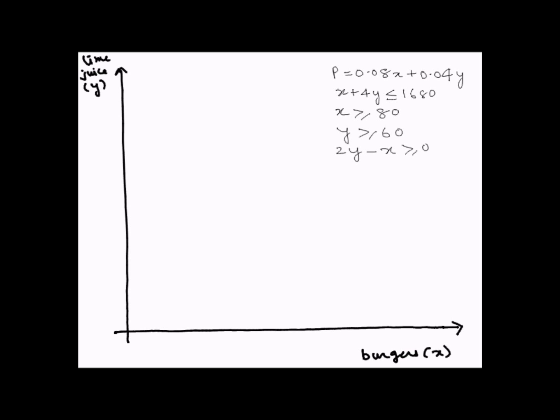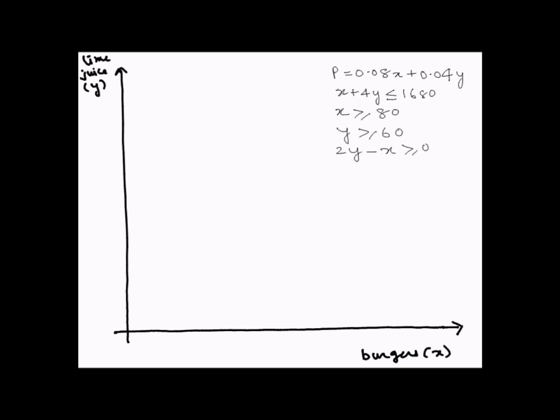Now in order to plot these constraints, we'll drop the inequality sign. So our first constraint, which is x plus 4y is less than or equal to 1680, instead of that, we'll consider plotting x plus 4y is equal to 1680. Same way, x is equal to 80, y is equal to 60, and 2y minus x is equal to 0.